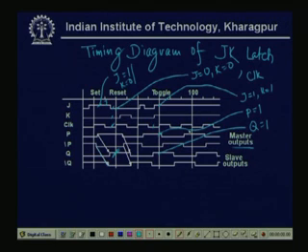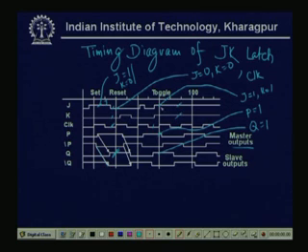Now, when P becomes 0, still Q becomes 1, and see here even though J and K are 1, the inputs are not changing, but these values are changing.